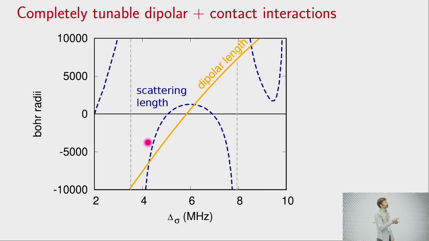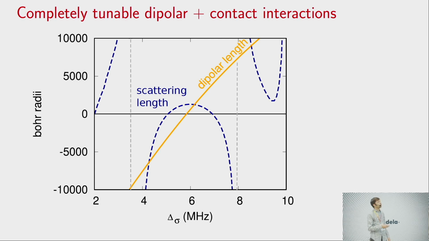In any case, here at around 6 megahertz, there's the compensation point where the dipolar length goes to 0, and the interaction potential is completely repulsive. And so a repulsive potential guarantees a positive scattering length. And so this is very nice for making a dilute weakly dipolar BEC that's stable against collapse, that you're guaranteed, no matter what molecule you have, to have a positive scattering length.